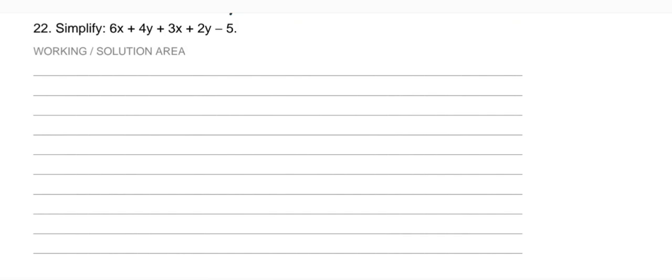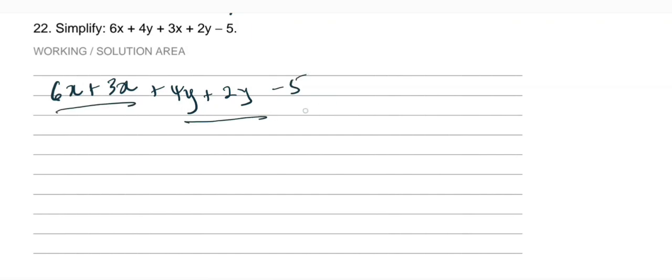So we group all the like items: 6x plus 3x, because 3x also has an x. So we group the x's at one side, then plus 4y plus 2y minus 5. So we have grouped all the x's and all the y's, and then the numbers without x or y, all on one side. Have you seen it? You understand?